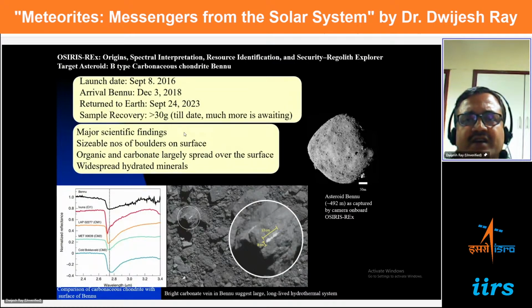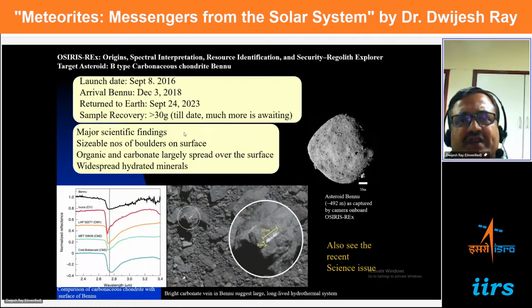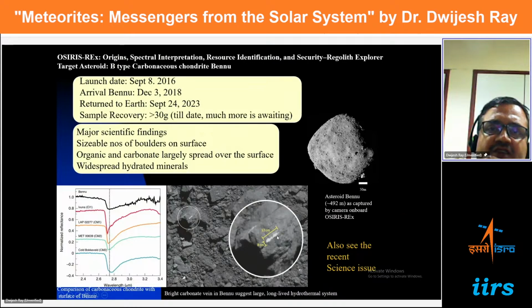If you look at the science issue, you can see many papers on Bennu. They found some white-colored veins, which they call carbonate veins, and they infer that these veins formed due to late-stage hydrothermal activity. These are the spectral matches of the Bennu samples. They find a very good match with CI or CM and other carbonaceous chondrite samples.